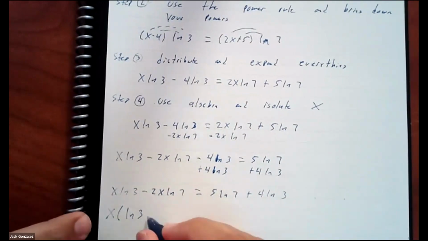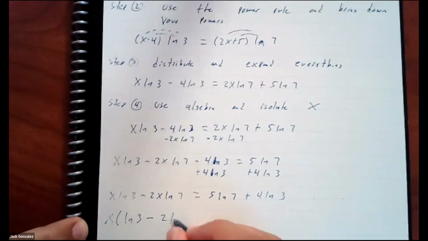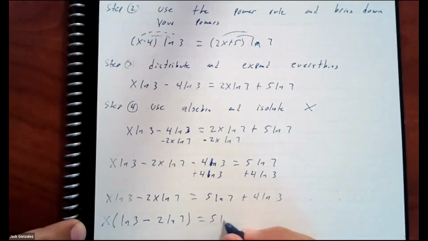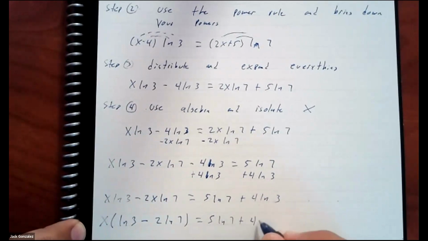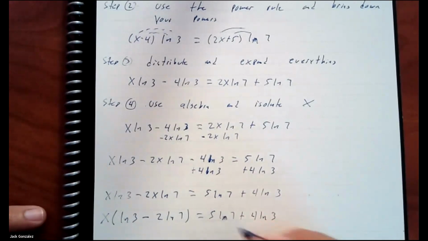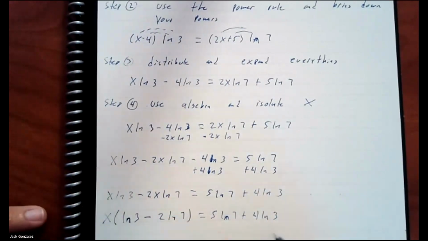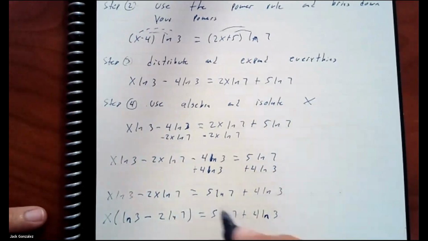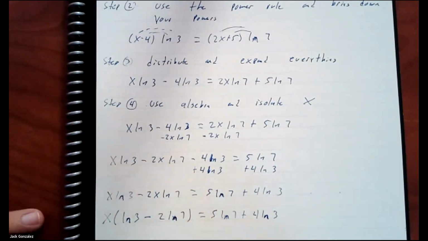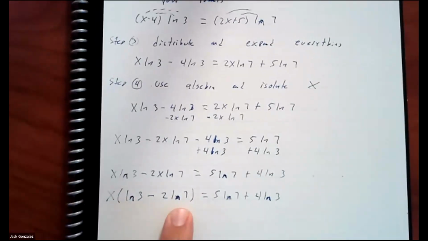Factor x, and you'll get x times ln 3 minus 2 ln 7 equals 5 ln 7 plus 4 ln 3. So we're pretty much done. At this point, just divide this number out and you're good.